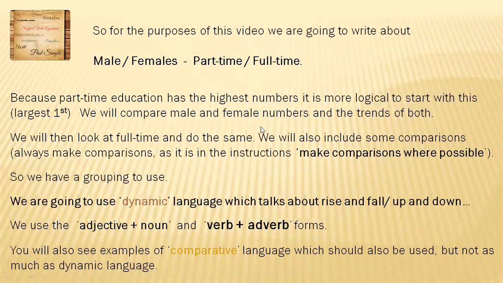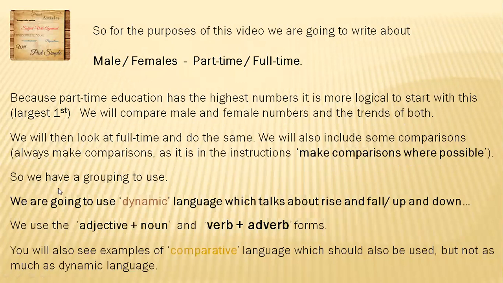We'll compare male and female numbers and the trends for both. We will then look at full-time and do the same. We will also include some comparisons. Remember the instruction on every task 1 essay? Make comparisons where possible. So you should make comparisons because everything can be compared.